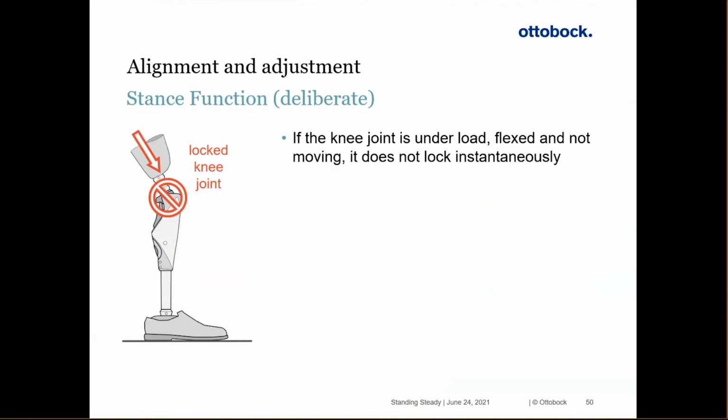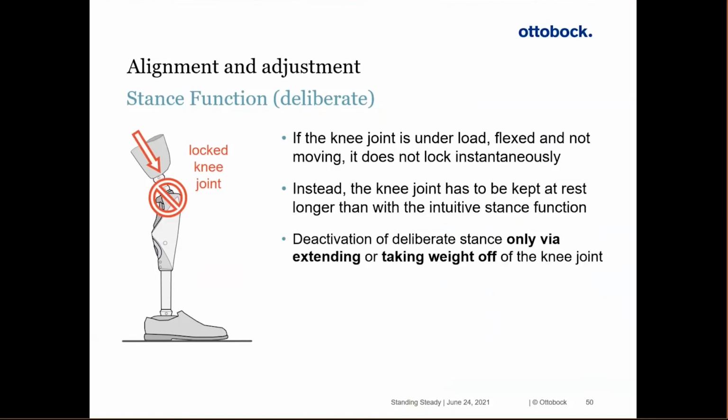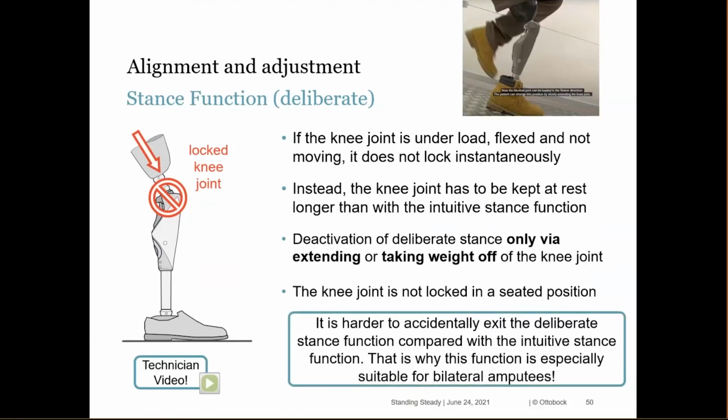So we created a deliberate option where they have to hold still a little bit longer, and then to deactivate it, they have to extend or take weight off. So if they're standing on a boat or an uneven surface, say a bus, they don't want it to deactivate too quickly. Or if they're picking something up off the floor or sitting down, they don't want it to activate too quickly. So these are some different options.